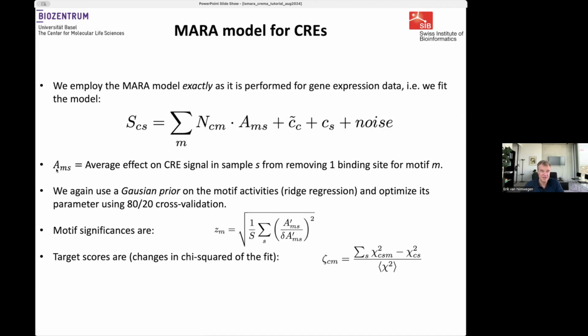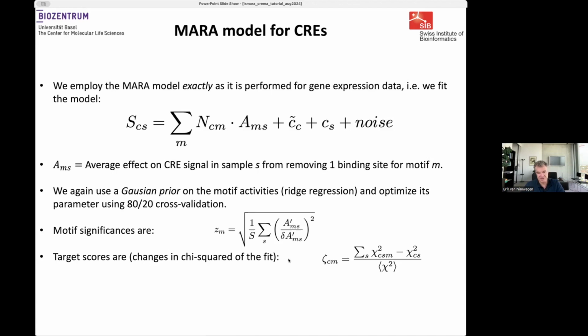And then we're fitting these activities to best predict this signal. We again use a Gaussian prior, and in this case we use cross-validation to set the parameter of the prior. The meaning of this motif activity is the predicted effect of removing one binding site for motif m on the signal of the CRE in sample s. Okay, that's the meaning of the motif activity in s.